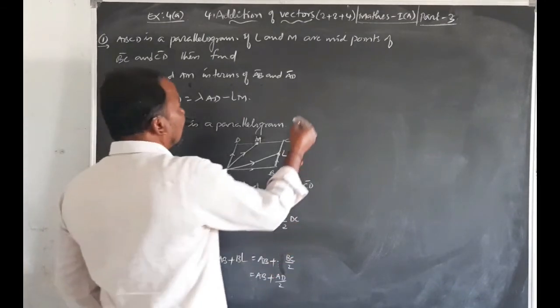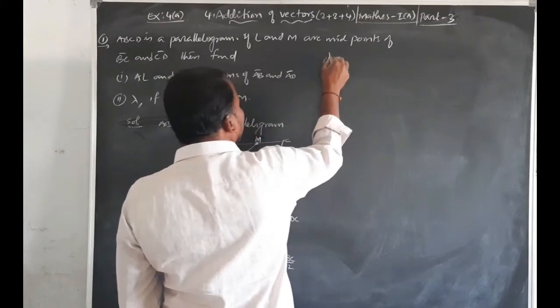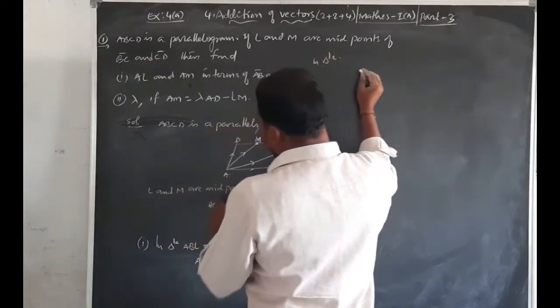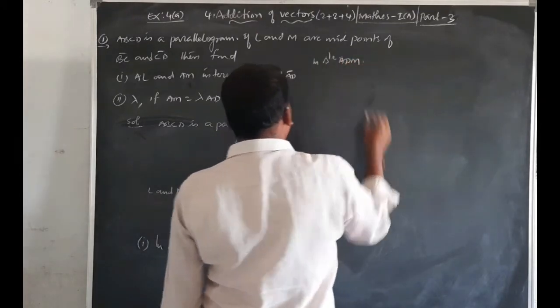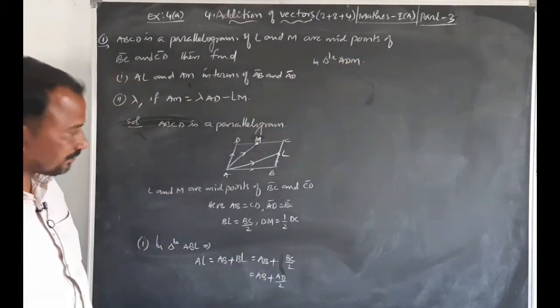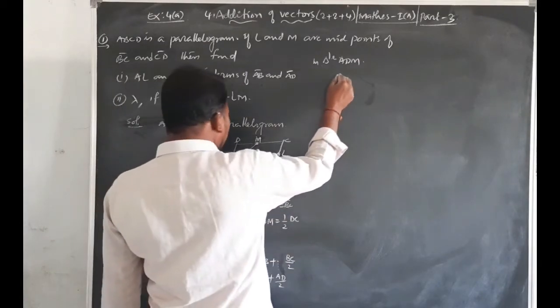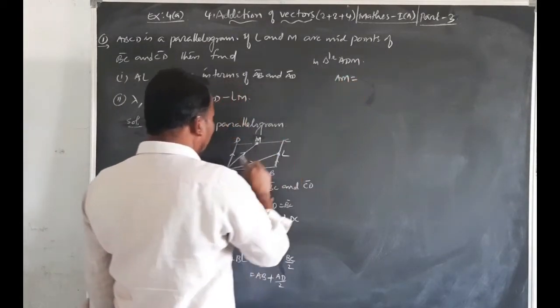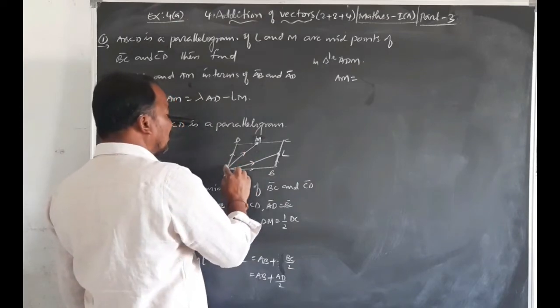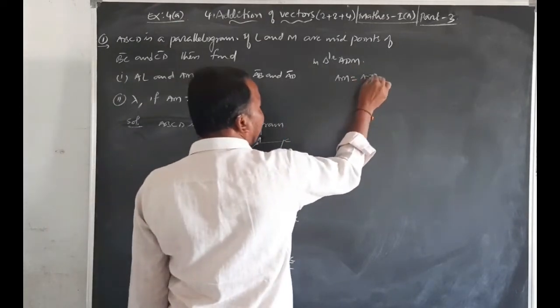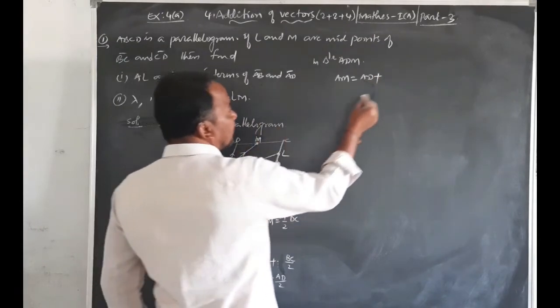Next, in triangle ADM, AM equals AD plus DM.